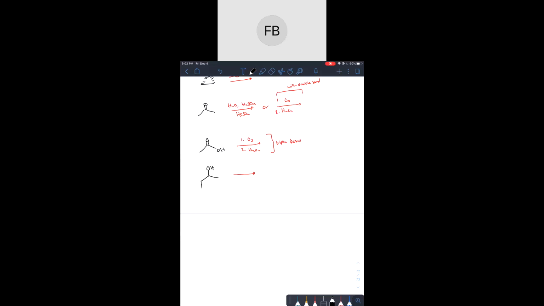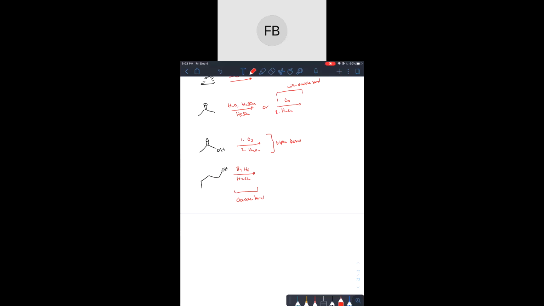Okay, so this must have been maybe a double bond with anti-Markovnikov. Sorry, I'm just going to change this one more time. So this could be B2H6, H2O2 with a double bond, and the double bond would be like this.